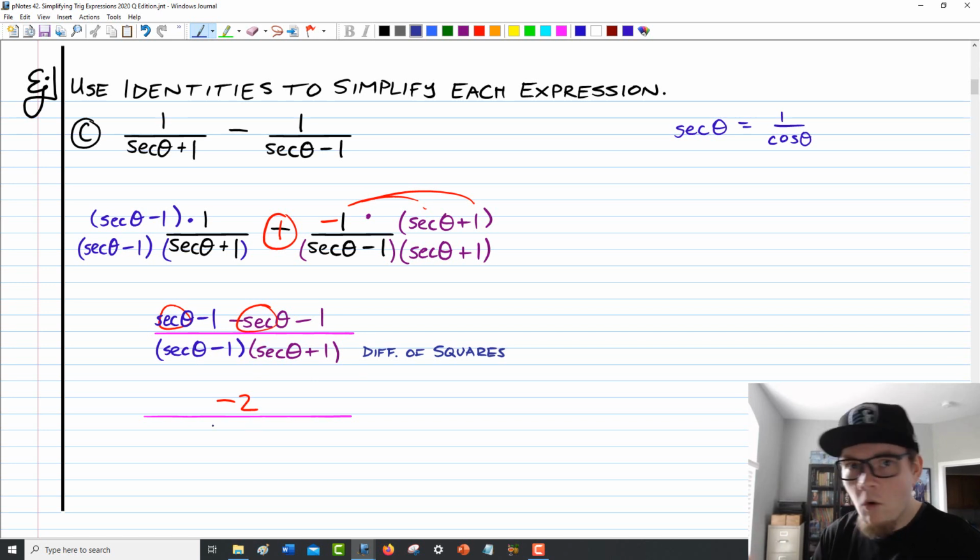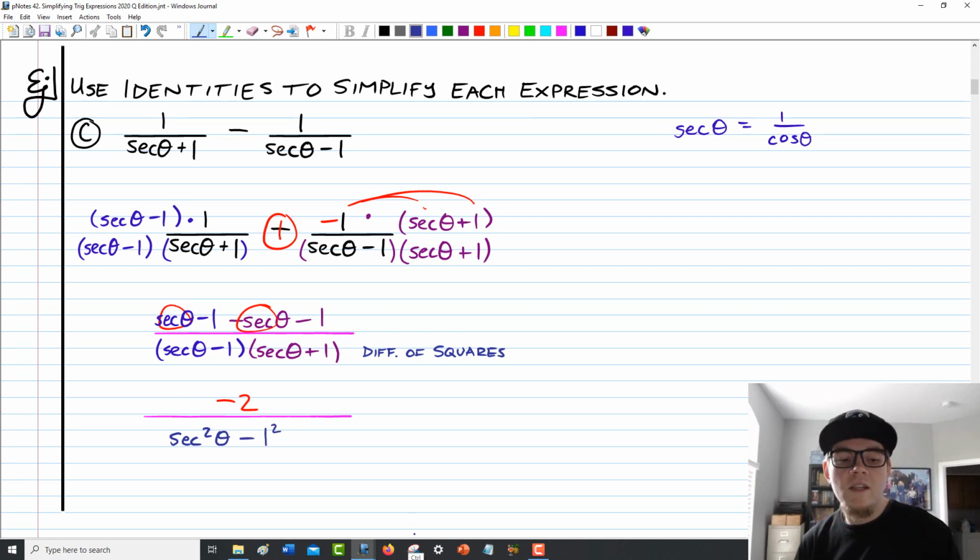If we multiply this out or apply difference of squares, we're going to get secant squared of theta minus 1 squared, which is of course the same thing as secant squared of theta minus 1. So there is our new version of the identity. Now some of you might be tempted to just kind of call it a day right there, but I think that there's more that we can do here. In fact, I'm confident there is, not just because I have all the work that I did earlier right over here.